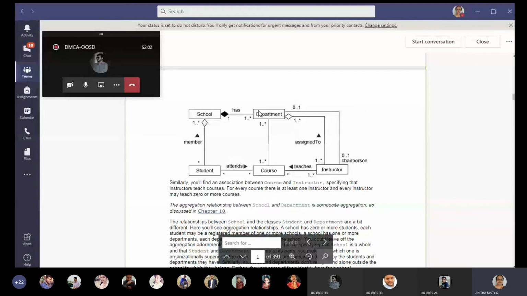The department exists based on the courses, and instructors or faculty to teach that course. Not only courses and instructors, but also students should exist in a school or a college to study that course. That's how we identify the different classes in the given scenario.